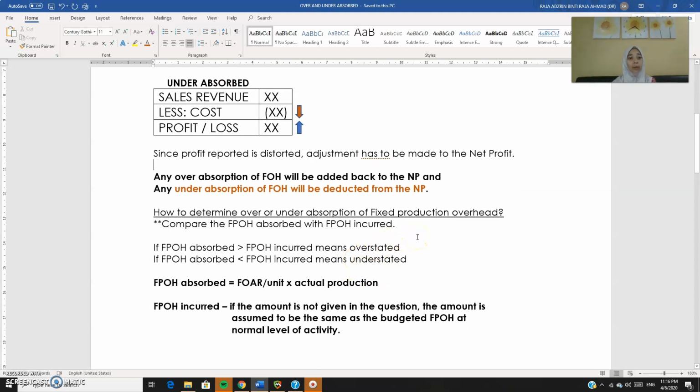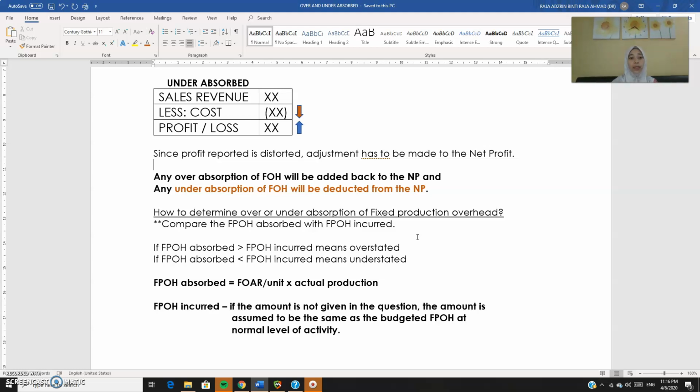You compare your fixed production overhead absorbed and your fixed production overhead incurred. If you absorb more than what you incur, say you incur 10 but absorb 12, you have over absorbed. And the other way around, if you absorb less than your fixed production overhead incurred, you have under absorbed.